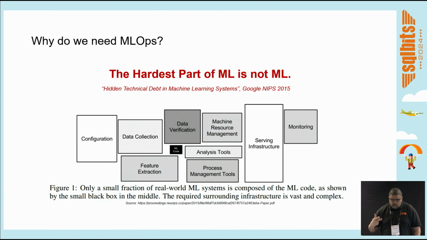Now, why do we need MLOps? I'm pretty sure everyone has seen this diagram before. This is from a paper from Google from 2015, almost 10 years old, but it has never been so relevant, because it talks about the hidden technical debt in machine learning systems. As you can see here, the machine learning code is a small portion of a big solution, right?